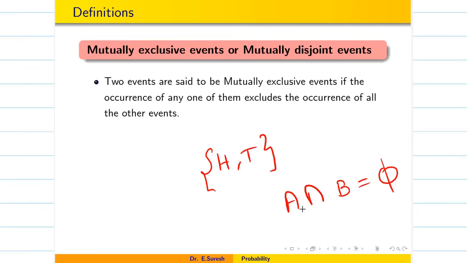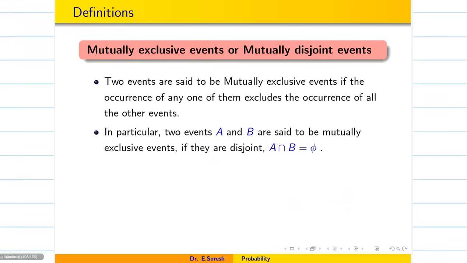If there is no common element between two sets, then they are disjoint. If something is common, then they are overlapping. Since the occurrence of A will stop the occurrence of B, A and B do not have any common element, so their intersection is going to be empty. That is the concept of mutually exclusive events.